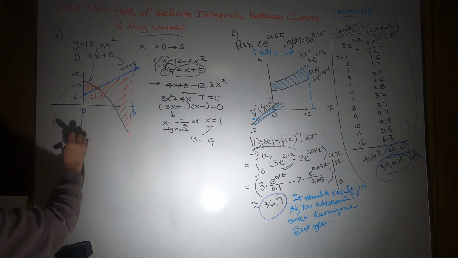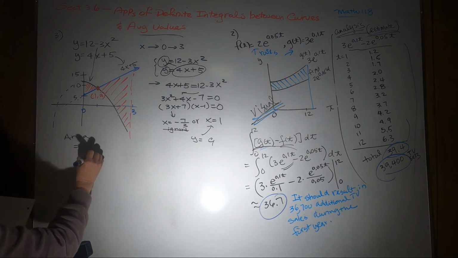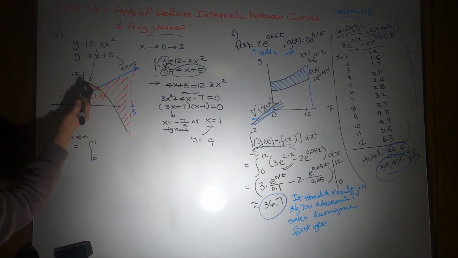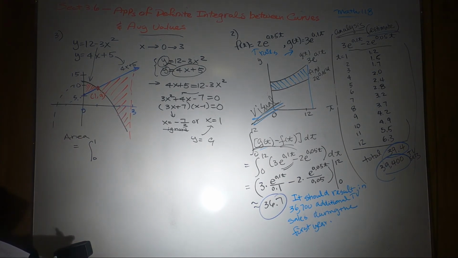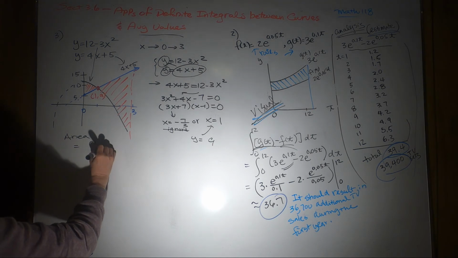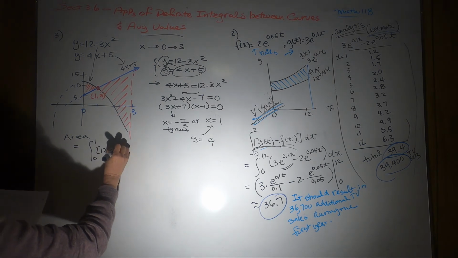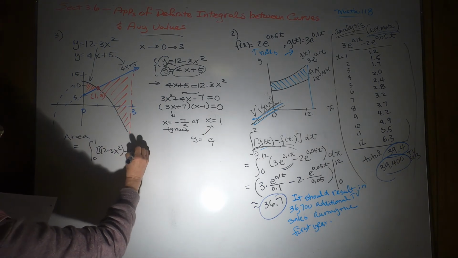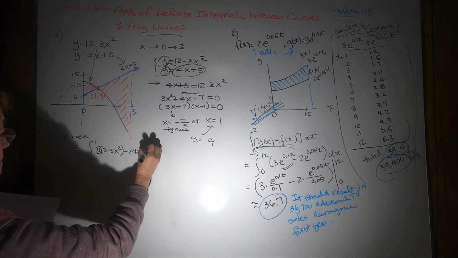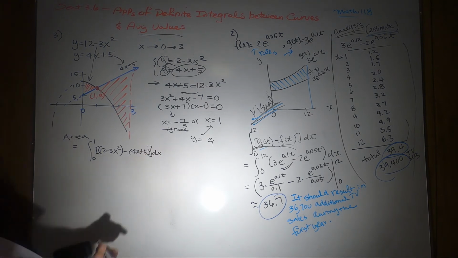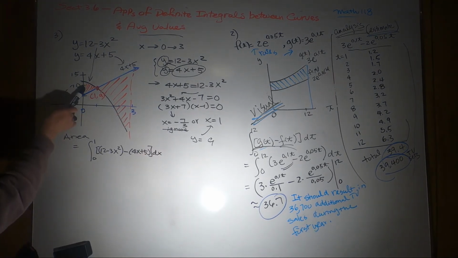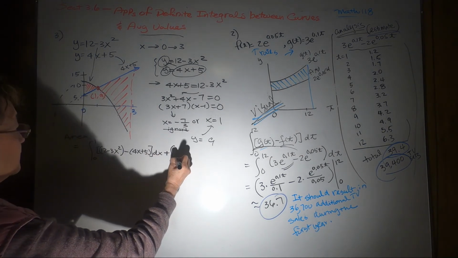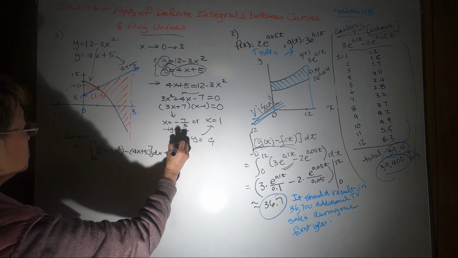So your area will be what? We do from 0 to 1 first, then the black one minus the blue one, right? So you will do the integral of 12 minus 3x squared, minus 4x plus 5, dx, right? That would be this area. Then the second area is from 1 to 3, right?